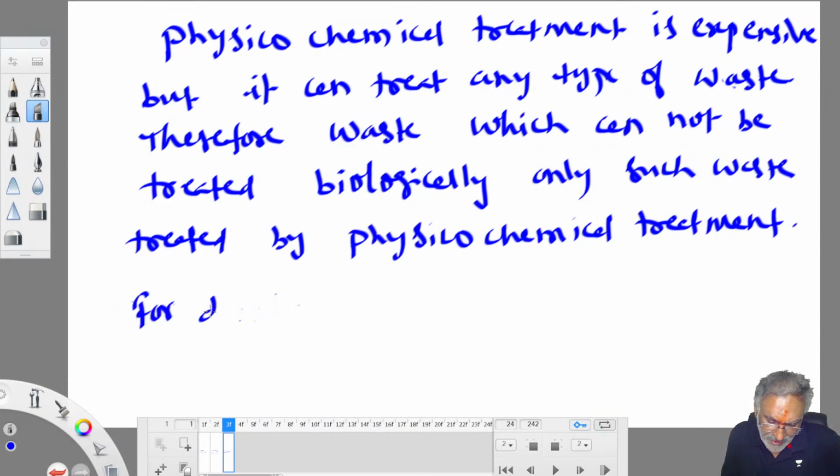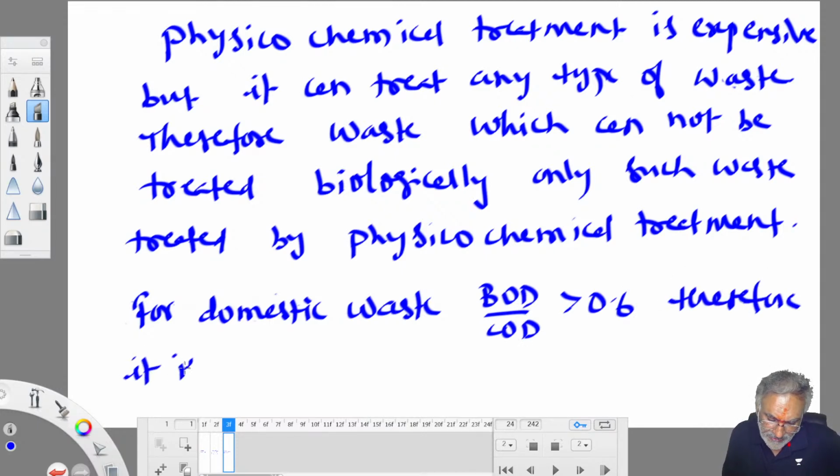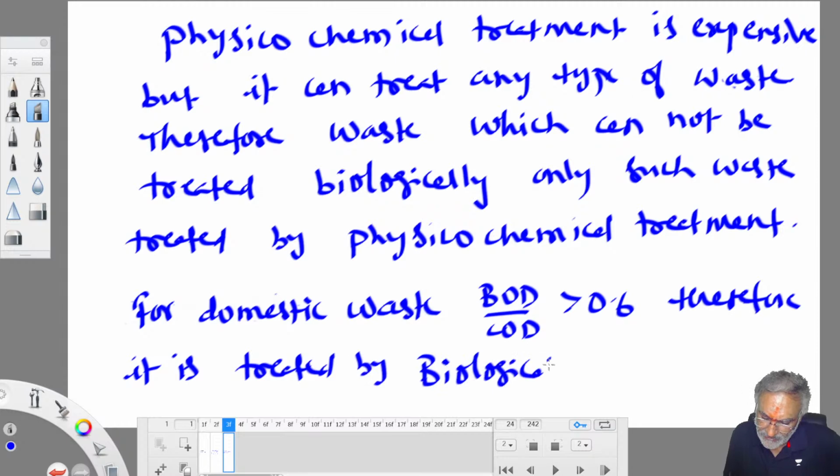For domestic waste, BOD by COD value is greater than 0.6. Therefore, it is treated by biological treatment methods. Okay?